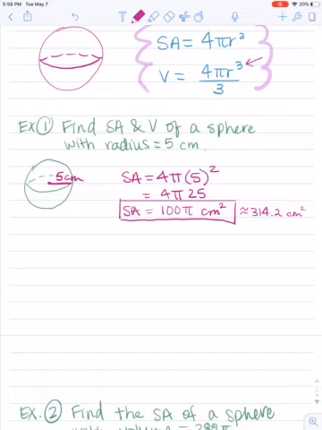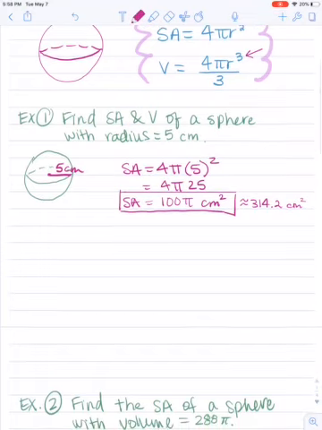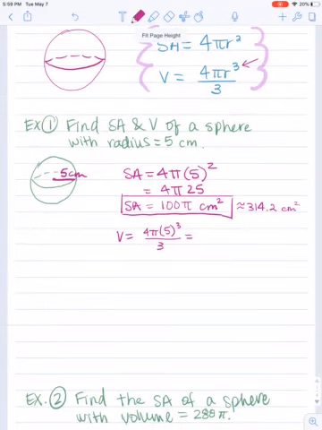He's a good boy. Okay, so for volume, we're going to be doing 4 pi times 5 cubed, and then divide that by 3. So really, you can type all this in your calculator except pi, but I'm going to break it down for you so you can see what we're doing. So 5 to the 3rd power is 125.